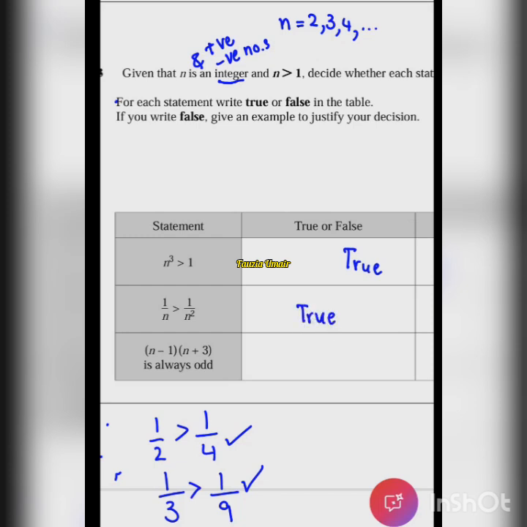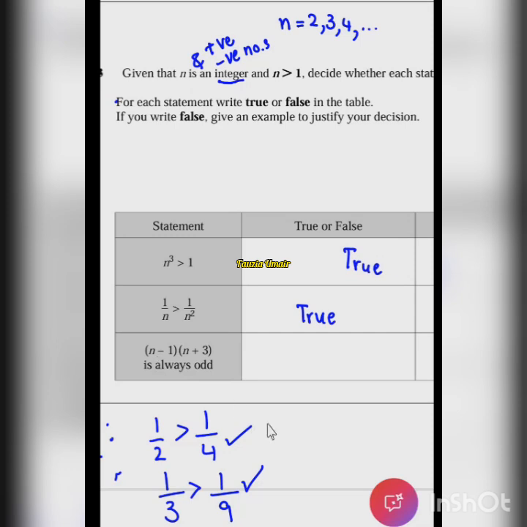Right? So now moving on to the third one. The third is n minus 1 multiplied by n plus 3 is always odd. If the statement is true, we need to check 2 or 3 values. If the statement is false, only one example is enough to justify that this is a wrong statement.